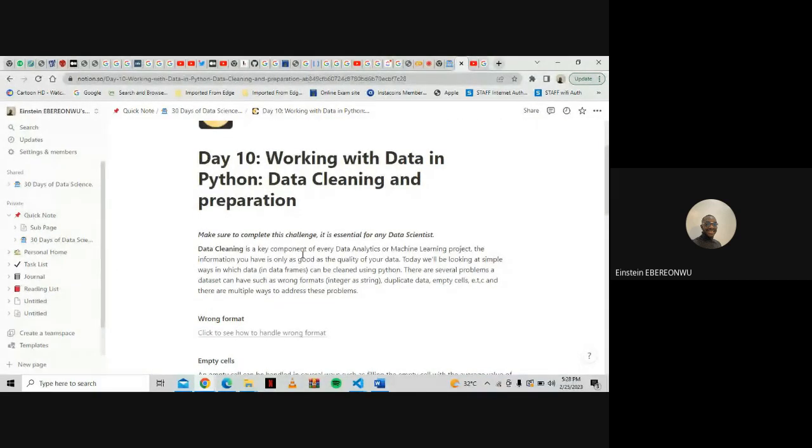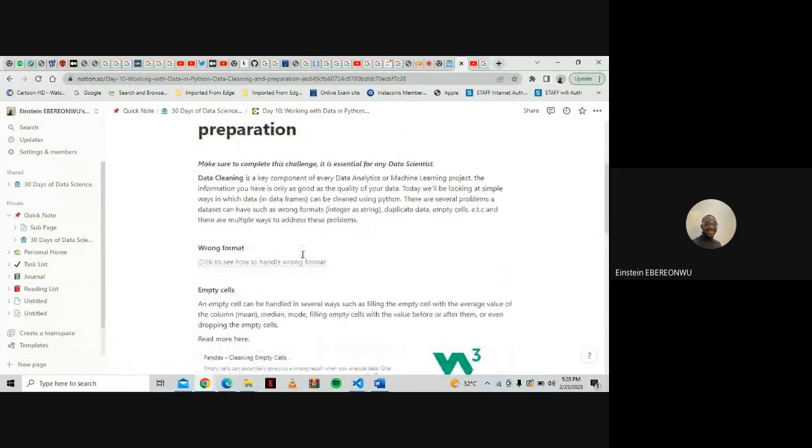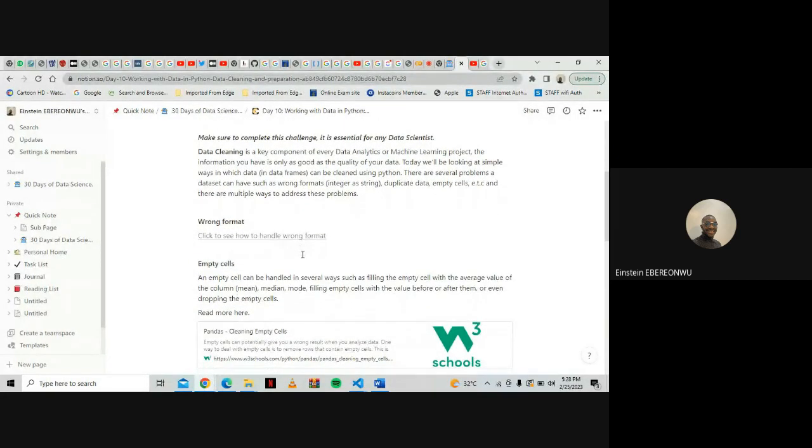When it comes to cleaning data, there are several operations that are carried out on data. Sometimes you can get data in the wrong format, or there's duplicate data, or some places have no value at all. Let's say you have a group of people's mid-semester scores and their exam scores for first year and second year, and you're trying to predict what their results are going to be for the third year.